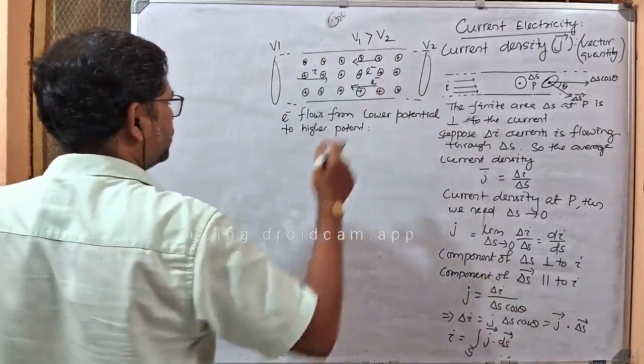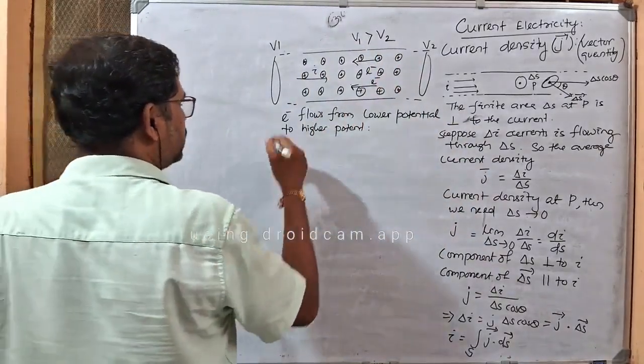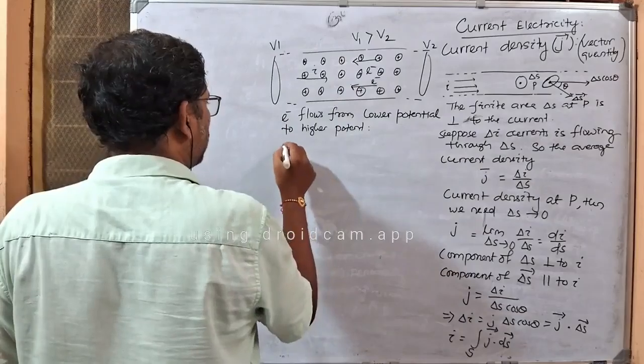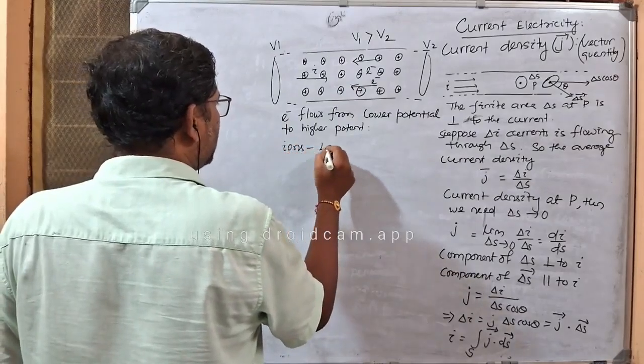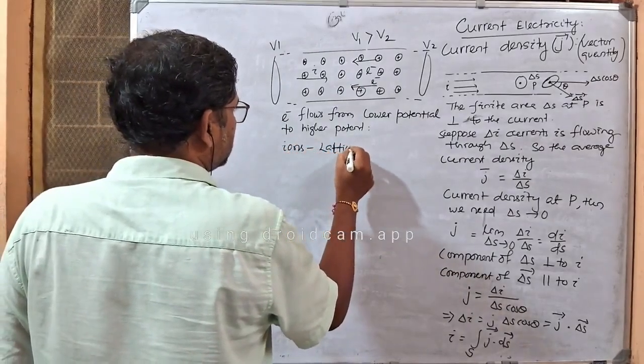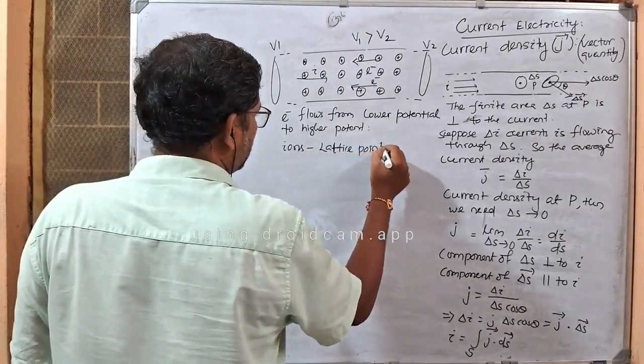These ions are called lattice points. You can remember this word, lattice points.